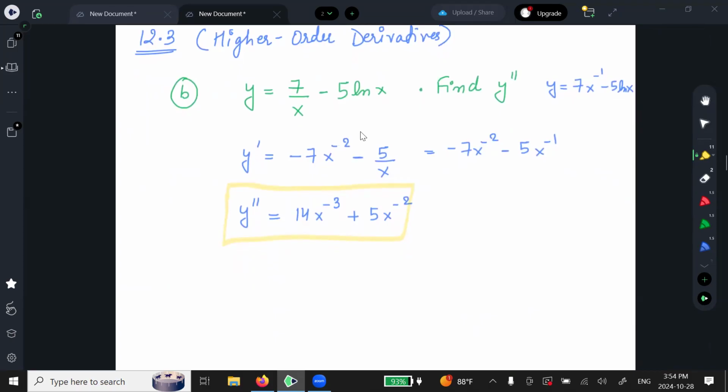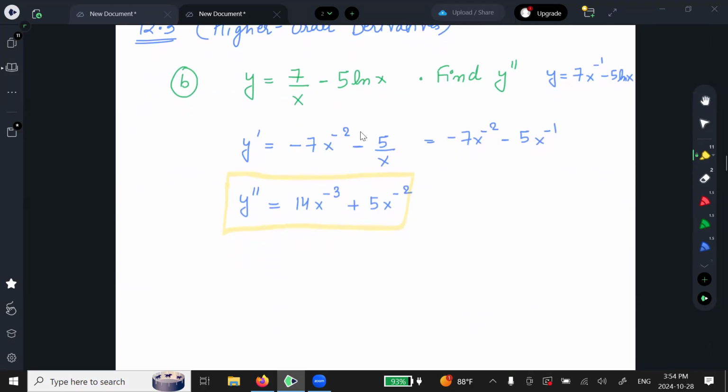If I give you the position vector and I say find me the acceleration, you have to differentiate again and again. So question number 5 is the application part. So you know how to find the double derivative. You are given the position function, which is 4e^t minus 8t squared plus 3.